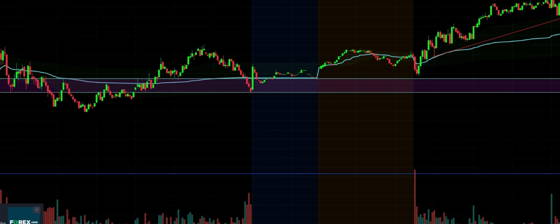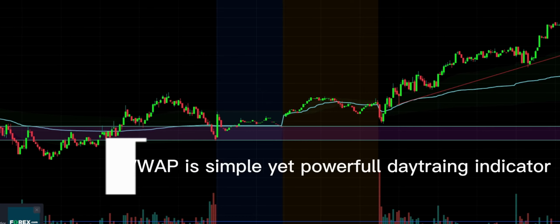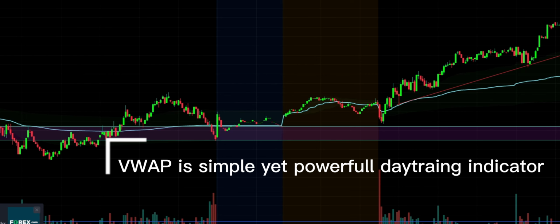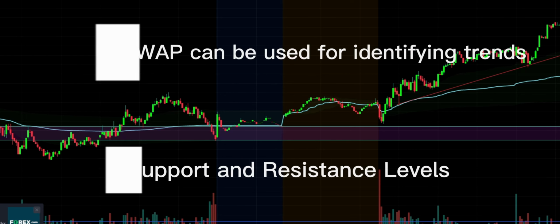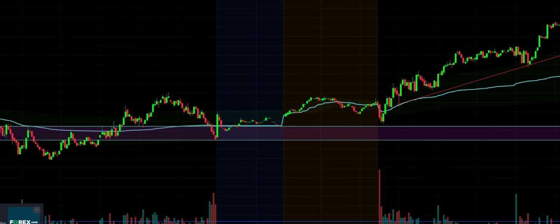So that was basically simple VWAP trading. In conclusion, the VWAP indicator is a powerful tool for day traders. It helps to identify the trend and key levels of support and resistance. It can be used to make a trading decision, set the stop loss, and so on.